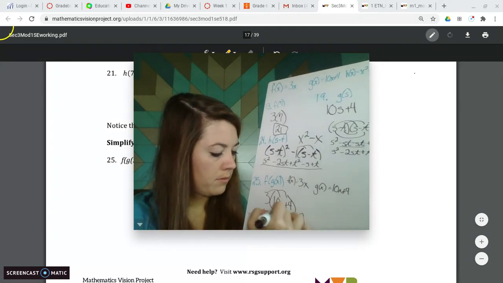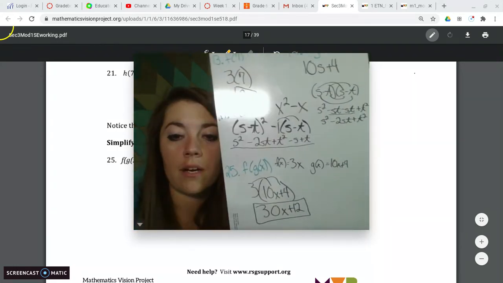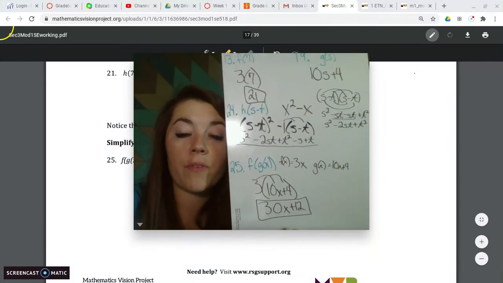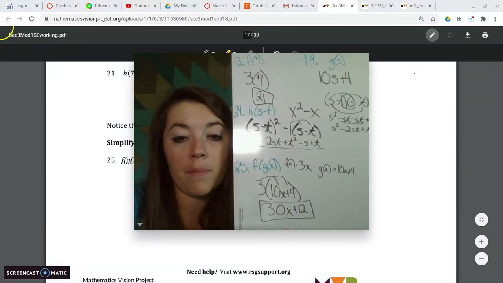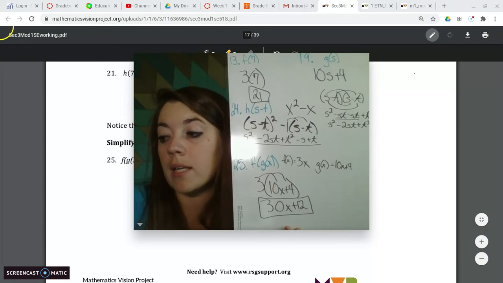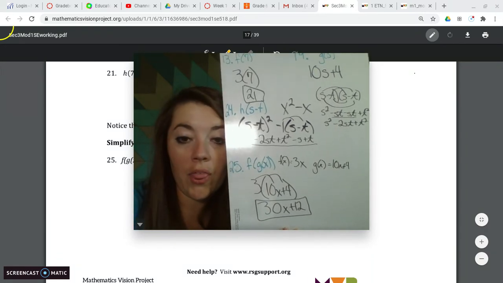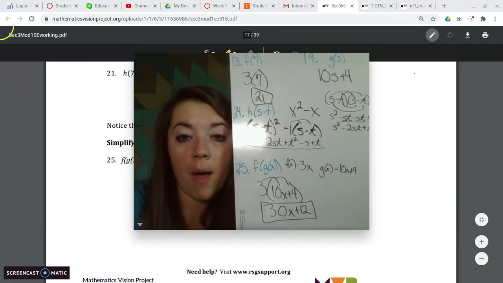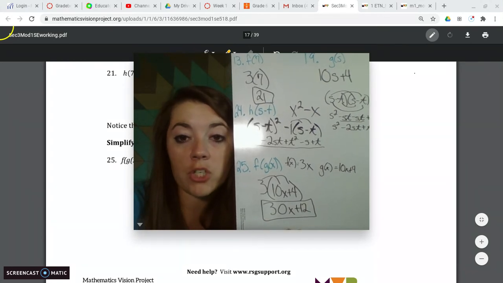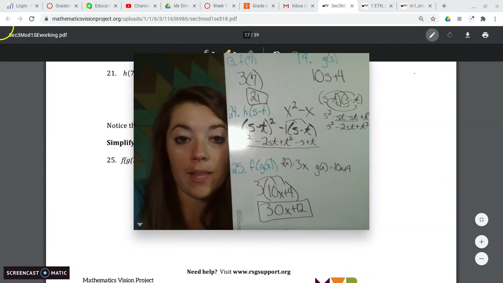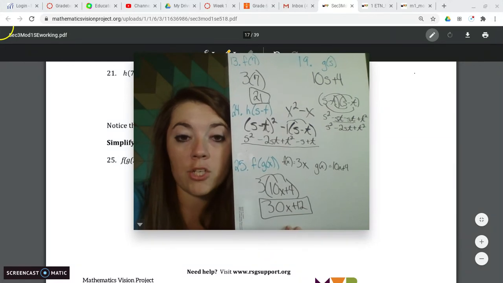And there's our answer. Obviously on this one, it was fairly easy because it was an f of x function, so it made it a little easier to deal with. You don't have to worry about plugging anything into the h of x function. There isn't a problem like that, so you don't have to worry about that just yet.